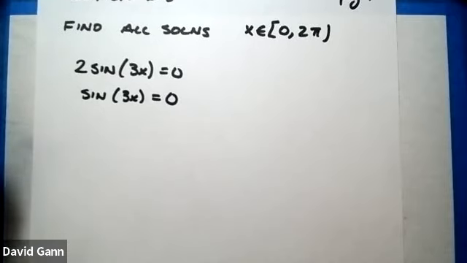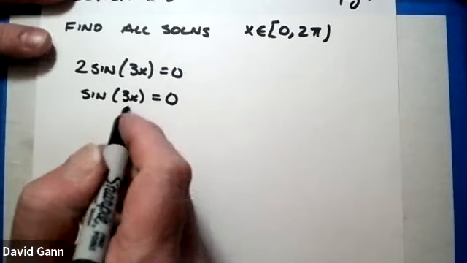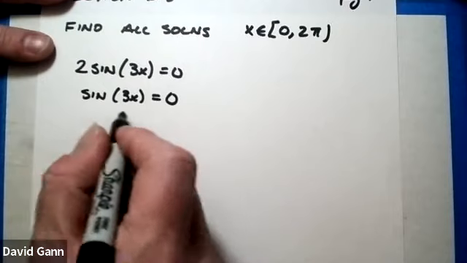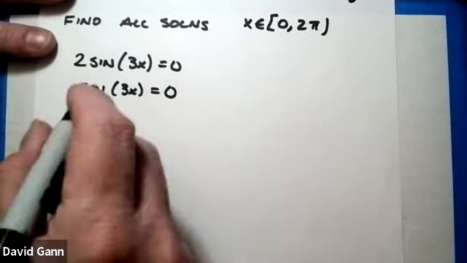So here we have to be really careful. If this was x, the argument would simply be equal to the inverse sine of 0 plus 2 pi times n. And that's exactly what ends up happening.